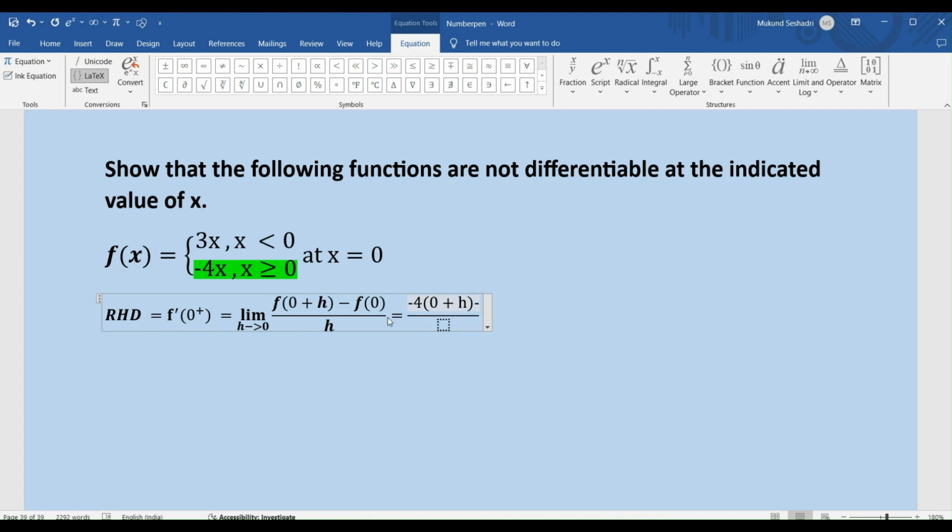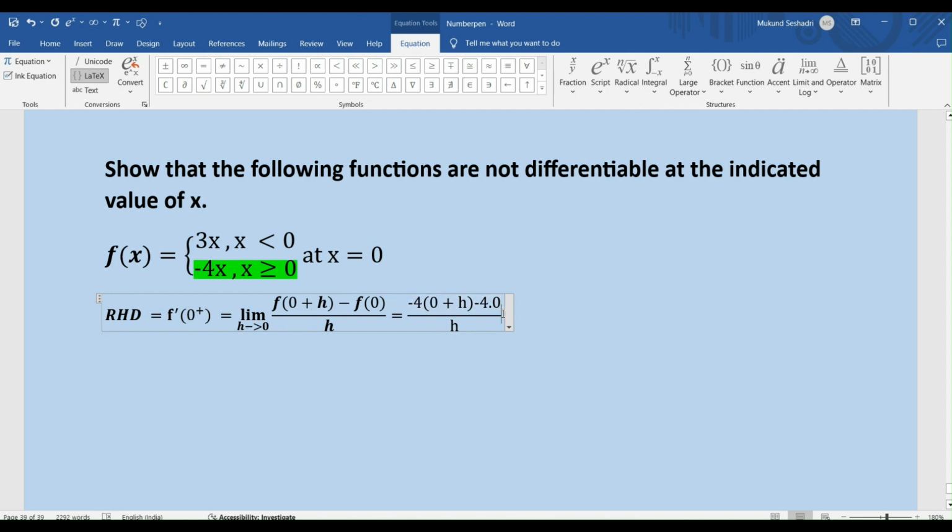What is f of 0? It is the value of f of x when x equals 0, right? And when x equals 0, the function f of x takes minus 4x. And what is the value of x for f of 0? It is 0, right? So minus 4 into 0 is nothing but 0. So divided by h, right?